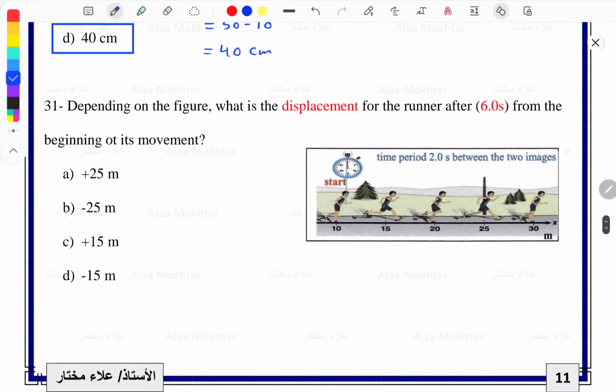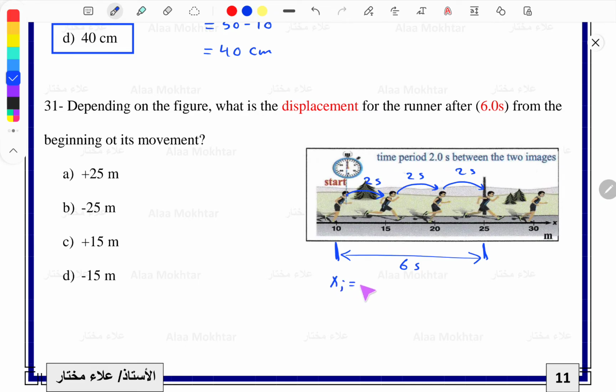The next question, depending on the figure, what is the displacement of the runner after 6 seconds? The time period is 2 seconds. We can calculate it. It's easy. From here to here 2 seconds, another 2 seconds, and a third 2 seconds. The total time taken is 6 seconds.